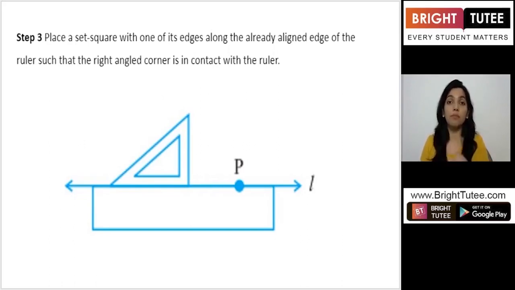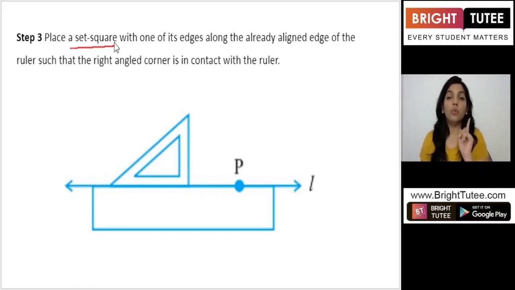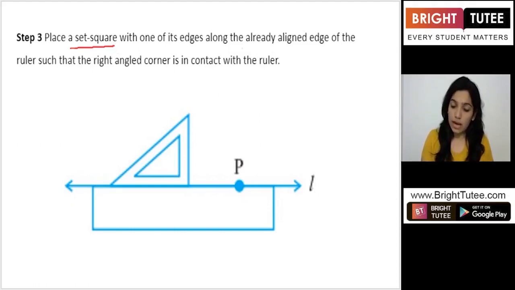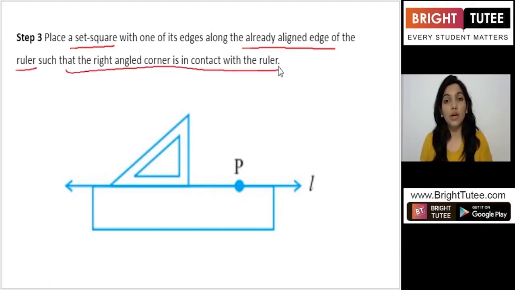It should not move. Now place a set square. Any of the two set squares you can take, because both these set squares have a 90-degree angle. When you take either set square, one of its edges, as you can see in this image, should be aligned with the edge of the ruler such that the right angle corner is in contact with the ruler.